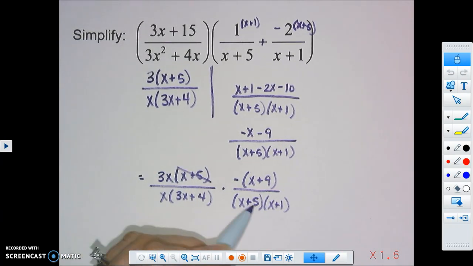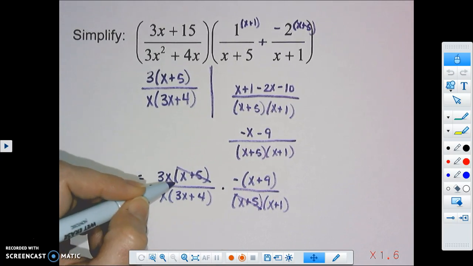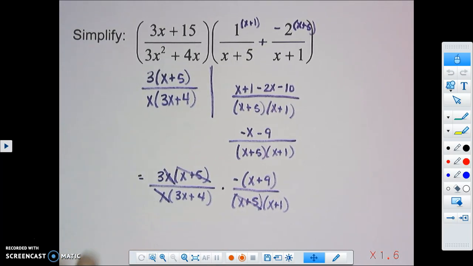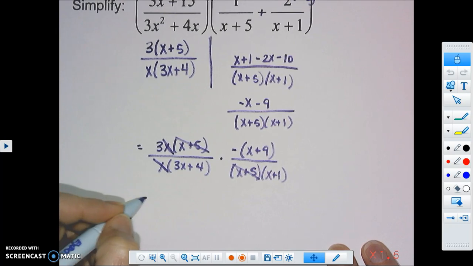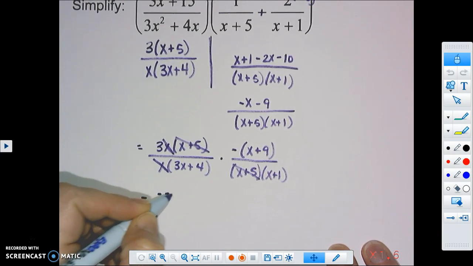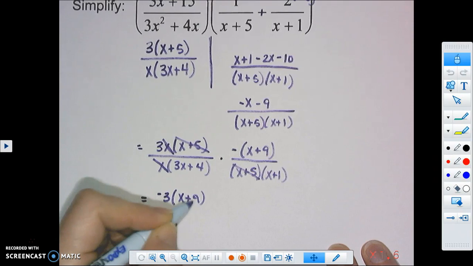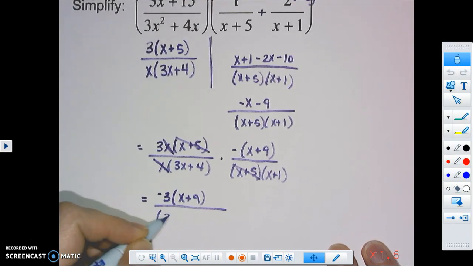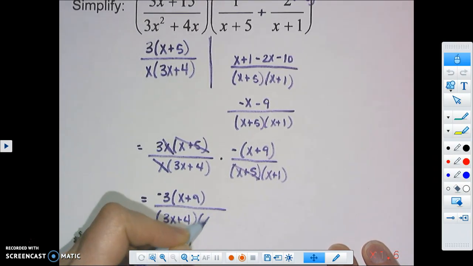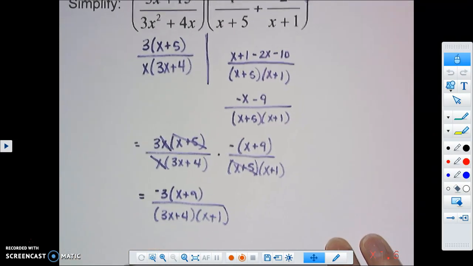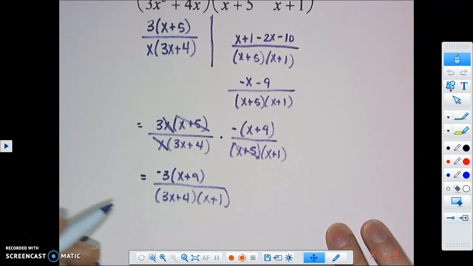So the x plus 5 and x plus 5 can go away. X is part of a monomial, and so is this x. That means that we're going to have negative 3 times the quantity x plus 9 over 3x plus 4 times x plus 1 as the first part of the answer.